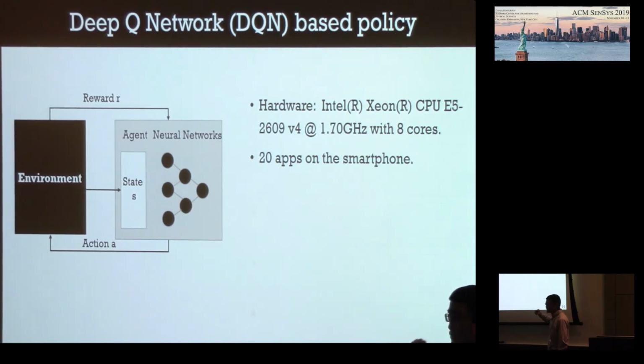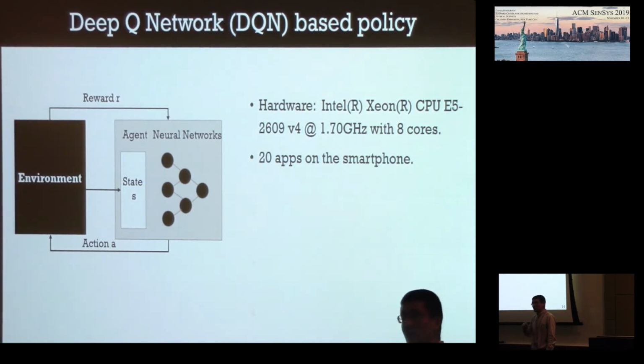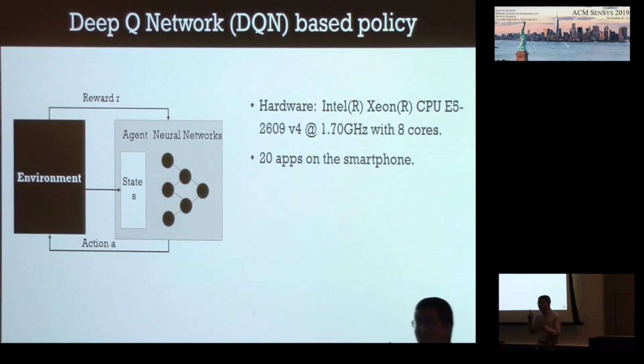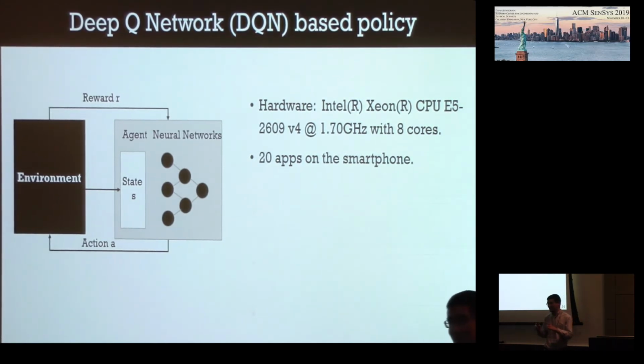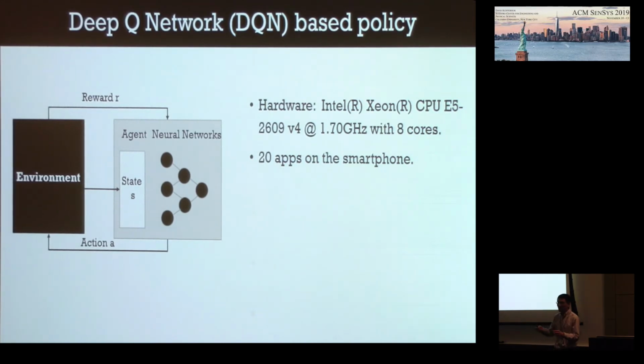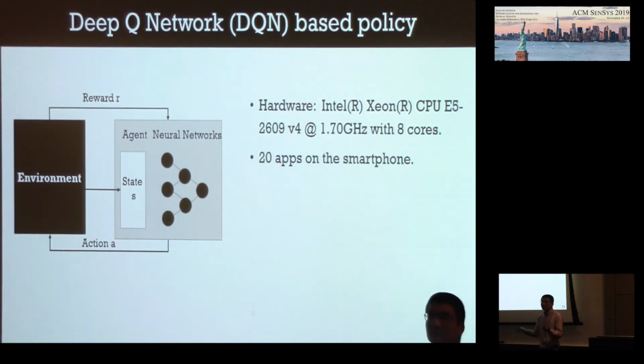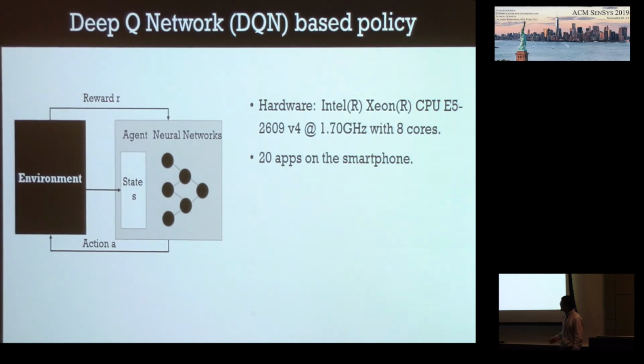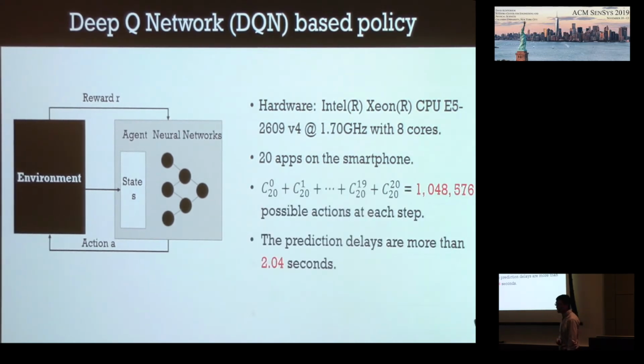We suppose that the user has installed 20 applications on her smartphone. 20 applications actually is not a lot, right? Normally we install hundreds of applications on the smartphone. So we just use this simple example to do the evaluation. Okay? So the user installed 20 applications.